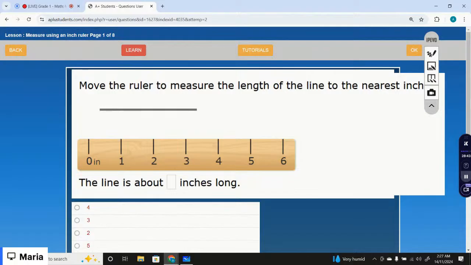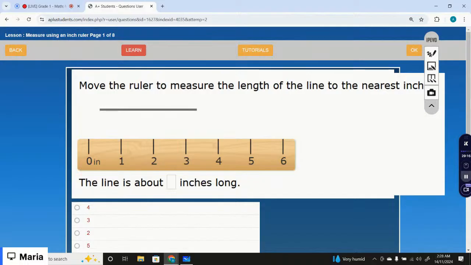Move the ruler to measure the length of the line to the nearest inch. Match the left end of the line with zero on the ruler and measure to the right end.